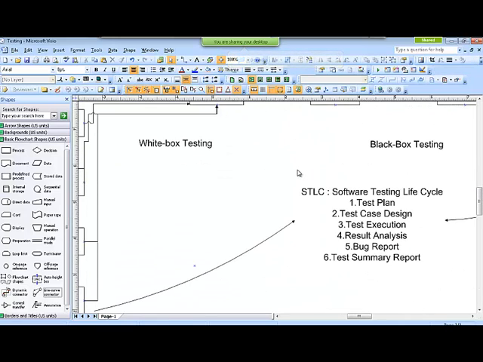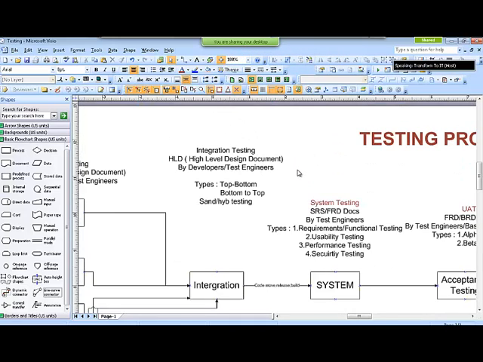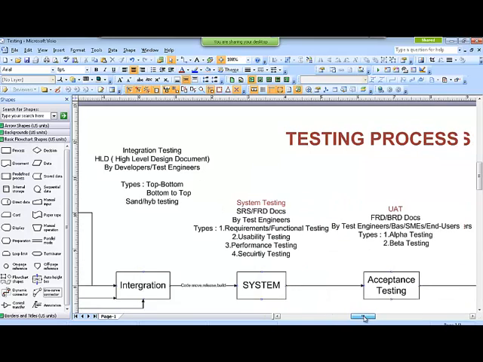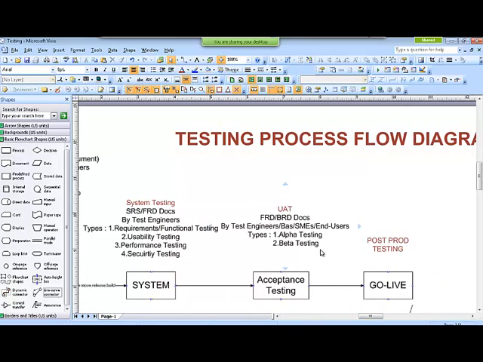Guys, any other doubts in the testing? Pawan, I have a question. Go ahead. What would be the difference between the testing that's done by testers and by business analysts, excluding the usability, performance, and security, of course? Functional testing would be the same, right? Yes. So the business analysts never think about performance and security, to be frank.